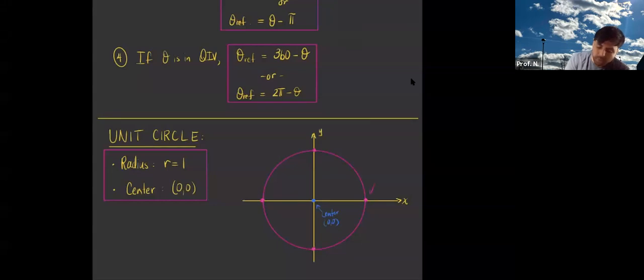And this coordinate right here is 1, 0. This coordinate right here is 0, 1. This coordinate right here is -1, 0. And this coordinate right here is, pardon me, 0, -1.